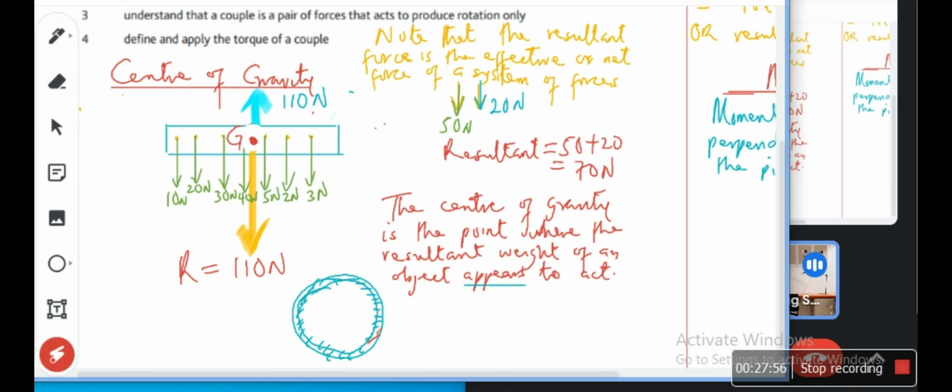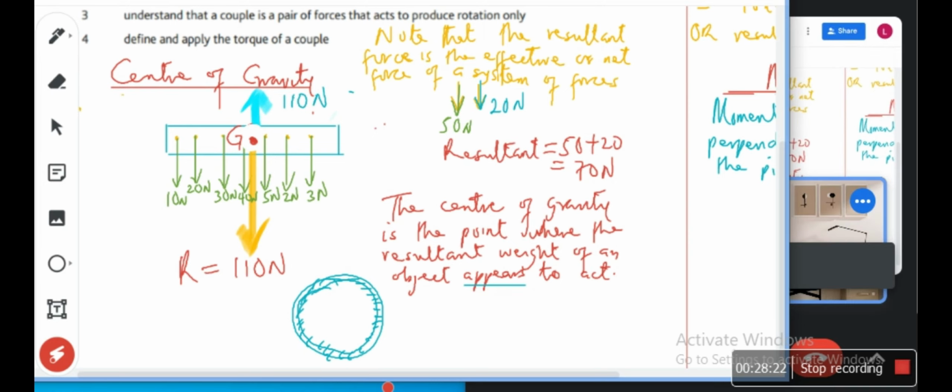Where do you think the center of gravity will be? Obviously, it will not be on the solid frame, it is in the hollow. So the center of gravity may not be exactly on the solid part of the object. It may be somewhere outside the solid part. The center of gravity is the point where the resultant weight appears to act.